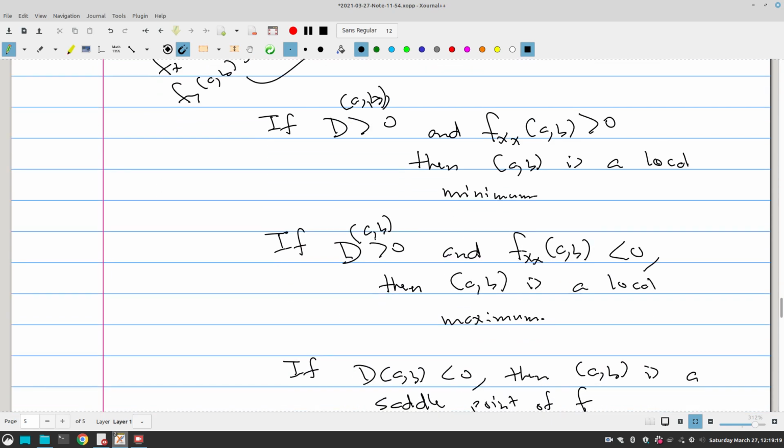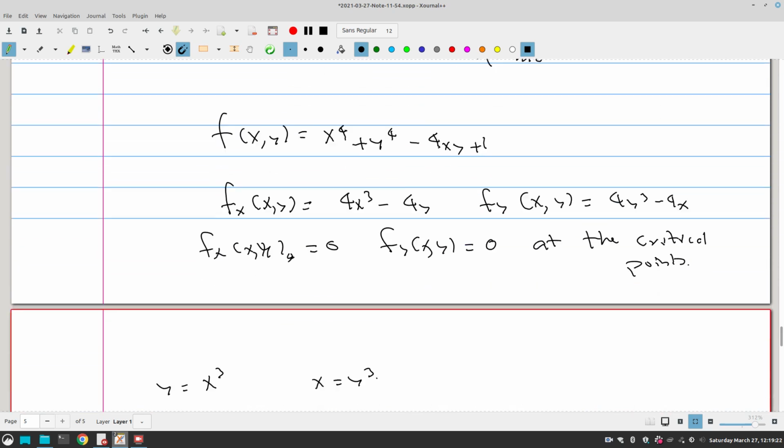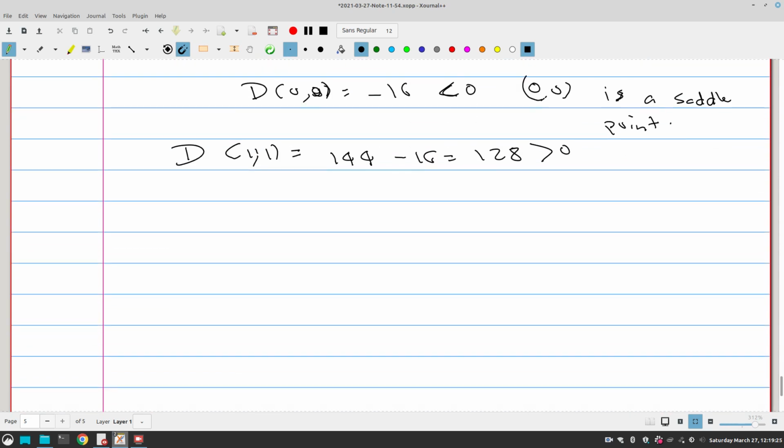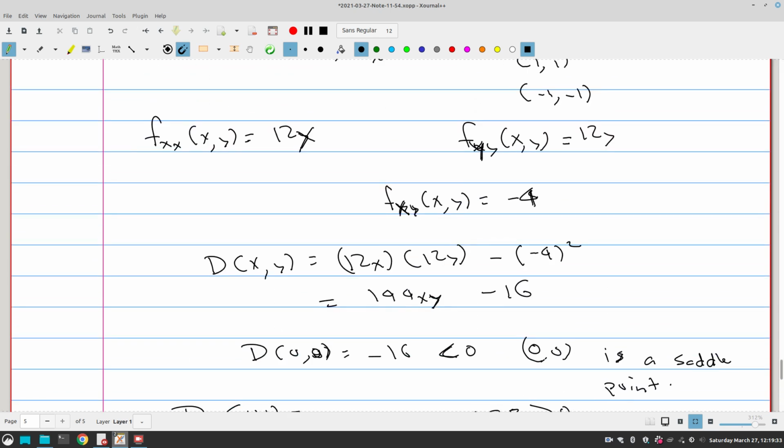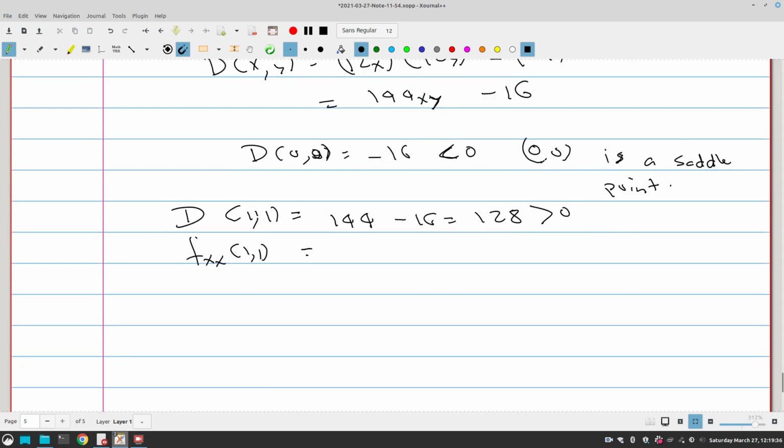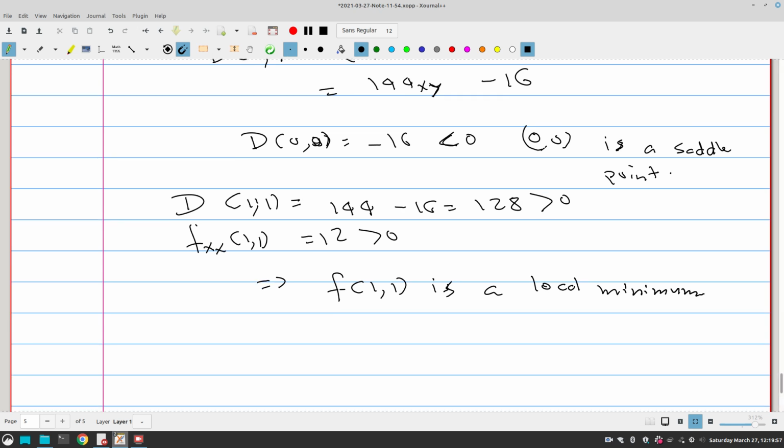But what is fxx? Let's find fxx at (1, 1). Fxx is 12x, so this is equal to 12. Again, this is greater than 0. Now D is greater than 0 and fxx is greater than 0. This tells me that f of (1, 1) is a local minimum, right?